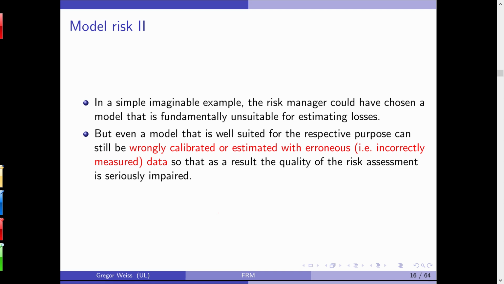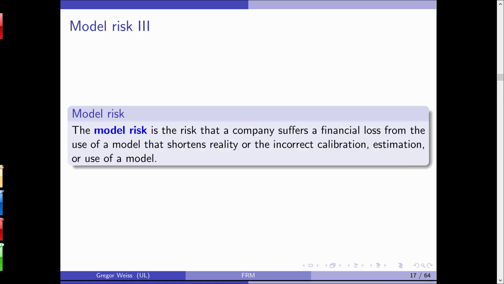So it's the correct model, but an incorrect use of a correct model. And even if he uses the right model in a right way, it could simply, in the end, be that he uses a wrong set of data. So there are data errors, estimation is done in a wrong way, and again, the quality of risk assessment will be impaired.